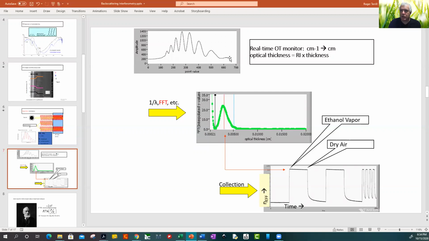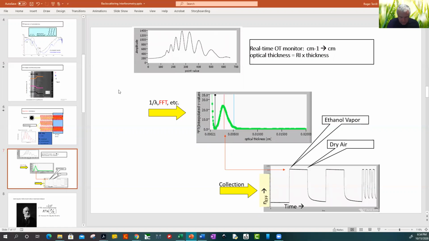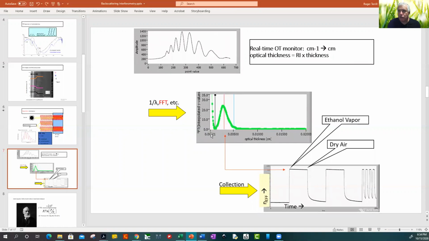The highest point is the lowest wave number, et cetera, right? And then I Fourier transform that, and then I got this. Because if you do that, it actually transforms into optical thickness. Thickness times refractive index.